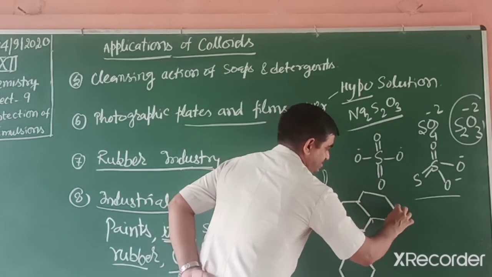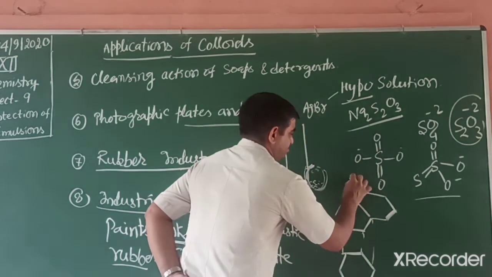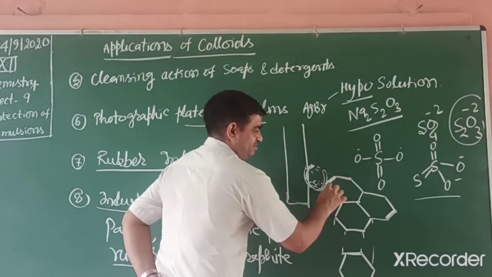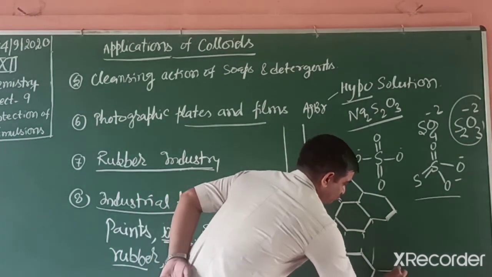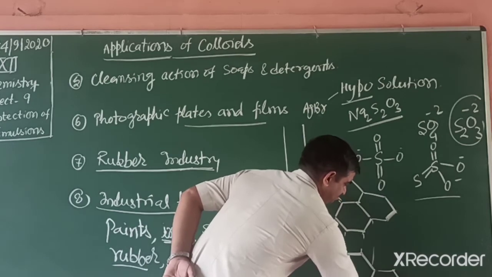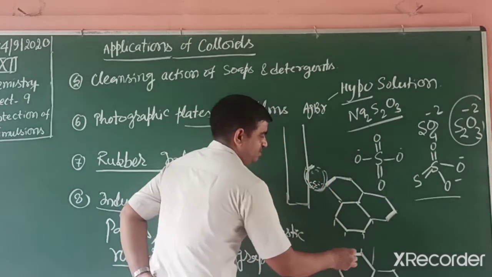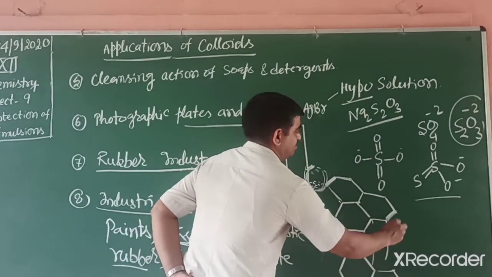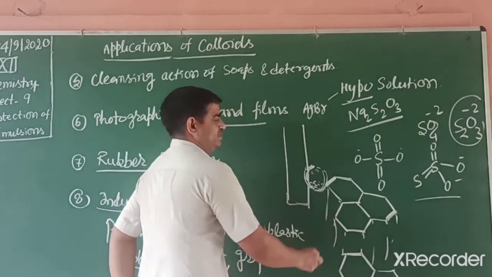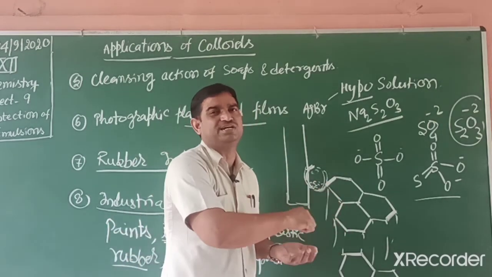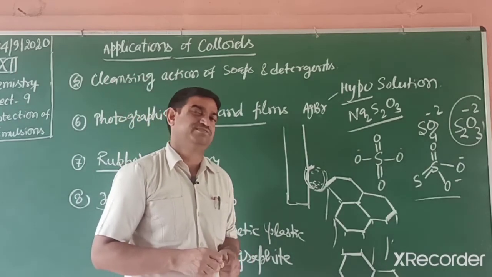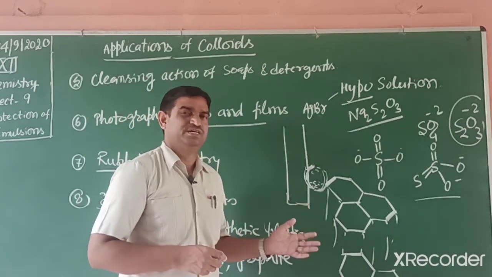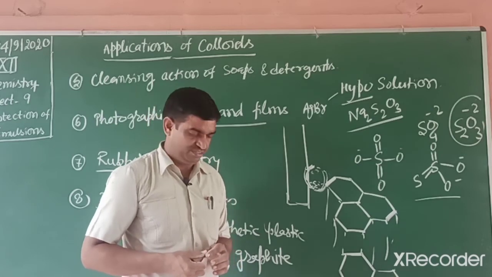Due to that, it has a layer structure. Each layer is free, so the layers slip over each other. So the mobile layers let graphite act as a lubricant. That is also an application of colloids.